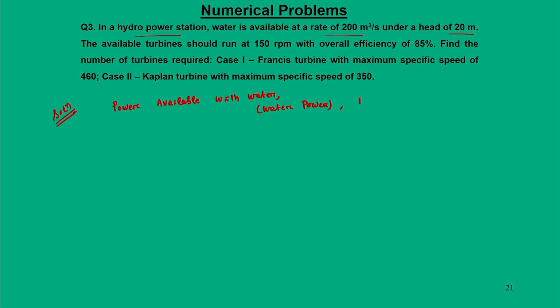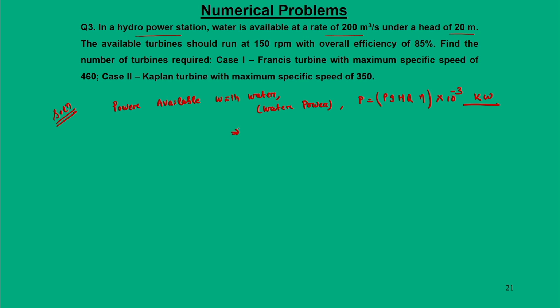So, that is P is equal to rho g H Q into efficiency multiplied by 10 to the power minus 3, which is kilowatt.